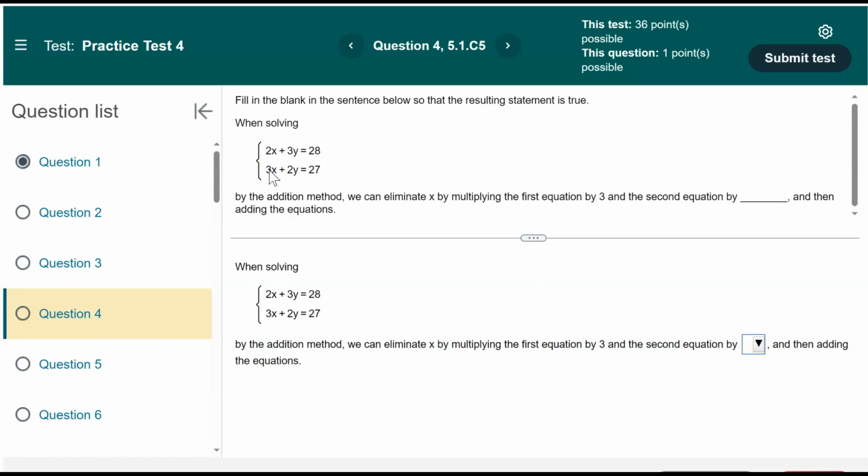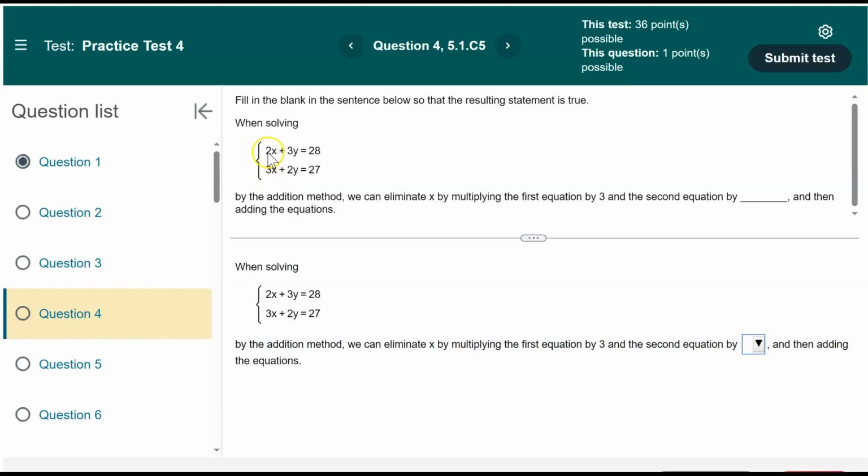So how do we attain that? We can attain that by multiplying the first equation by 3, and then for the second equation you multiply by the negative of the number here. So that means by -2.